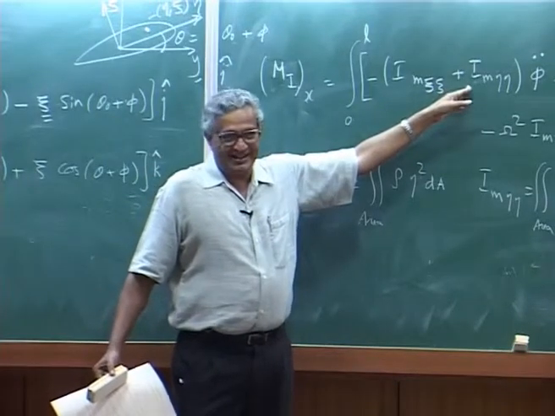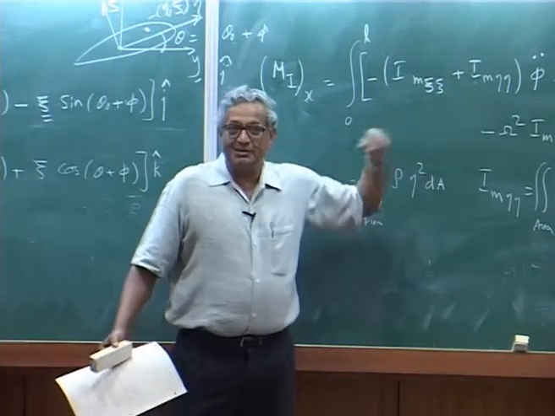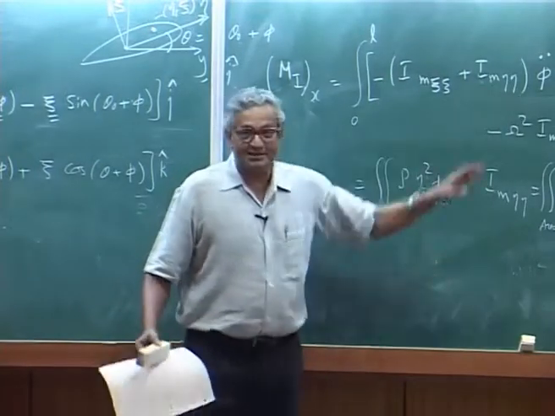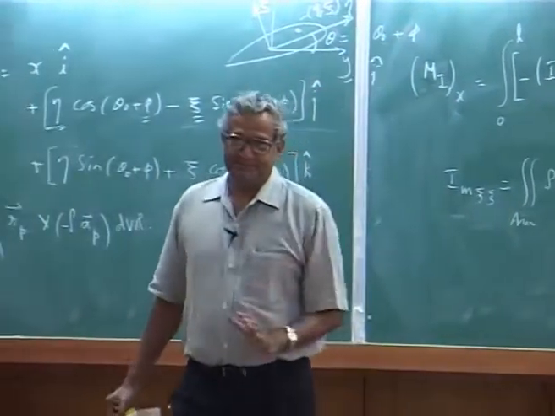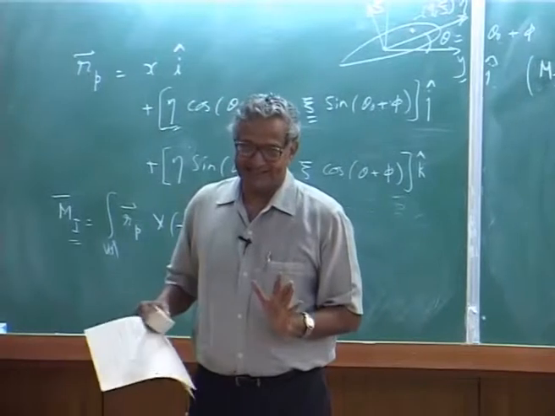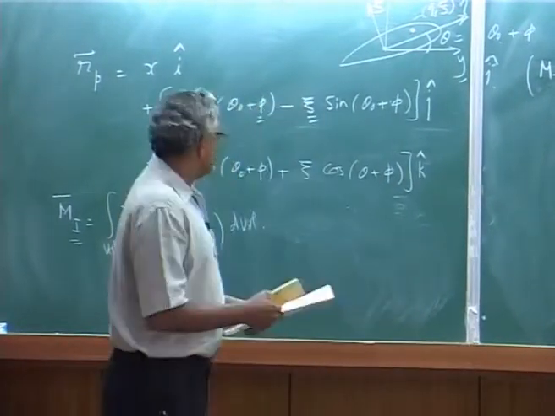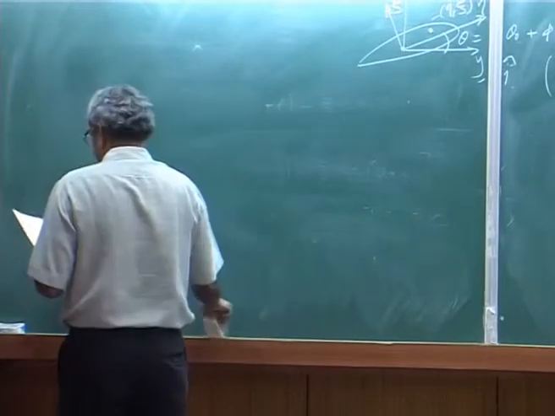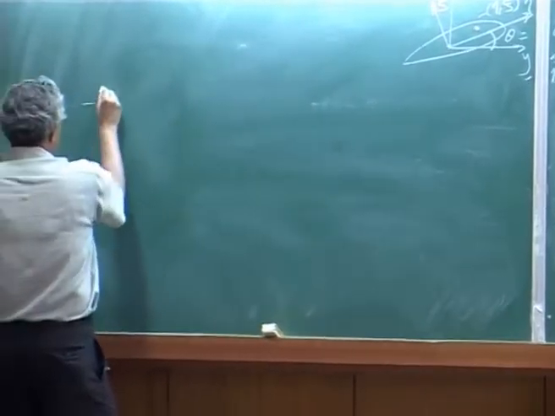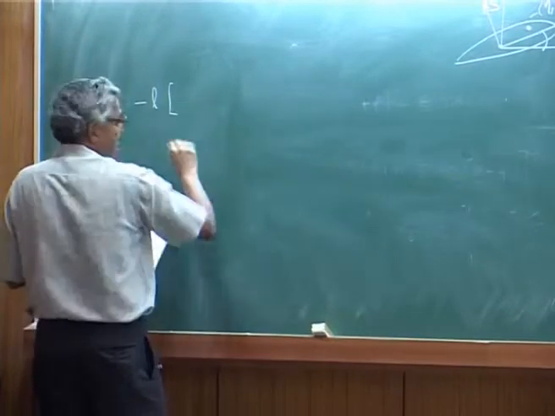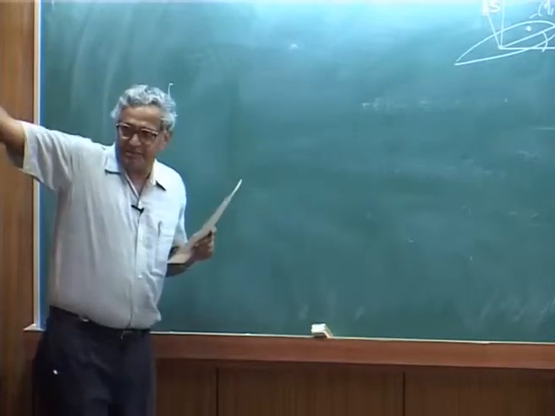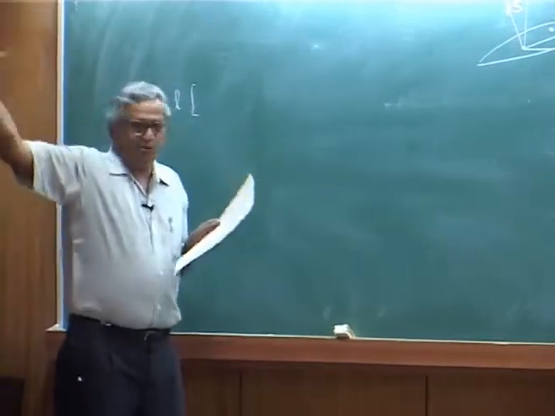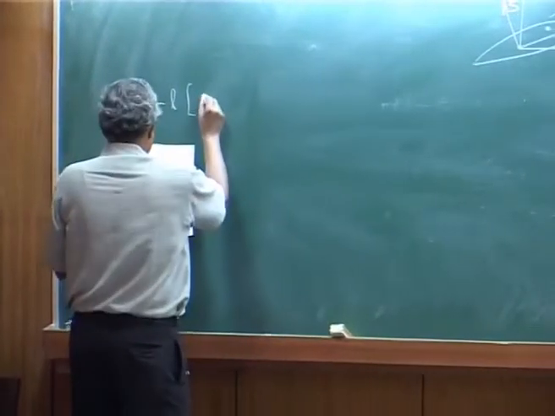Now I have to make an assumption that these properties are constant along the span, then it becomes easy for my integration. Okay, so I assume that the properties are constant, and my equation becomes minus L. L is the length of the blade, right from the root to tip you can take it.